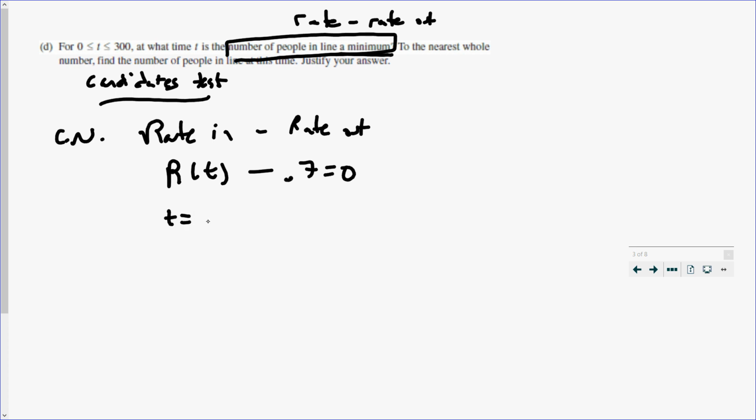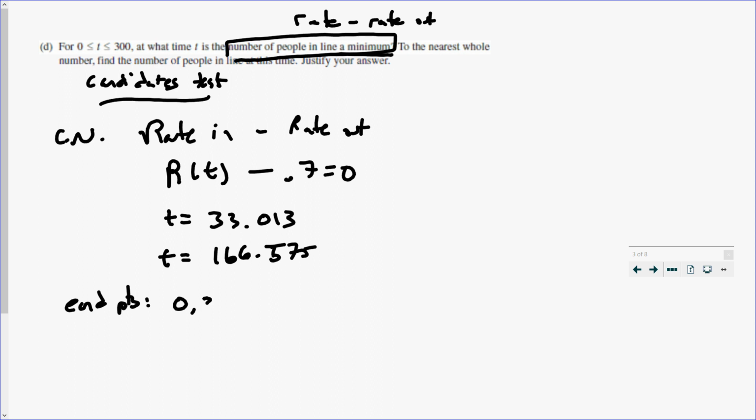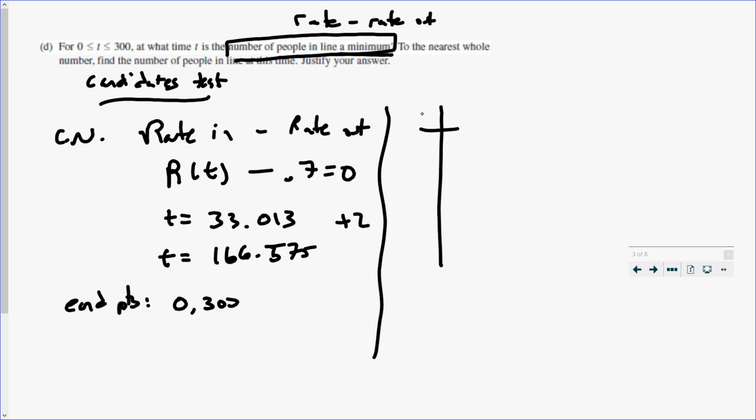You get the following times: t equals 33.013 and t equals 166.575 seconds. You also need your endpoints, and those, of course, are 0 and 300. Once you get all those values, by the way, you get 2 points for all of that. And now you just do your candidates test.